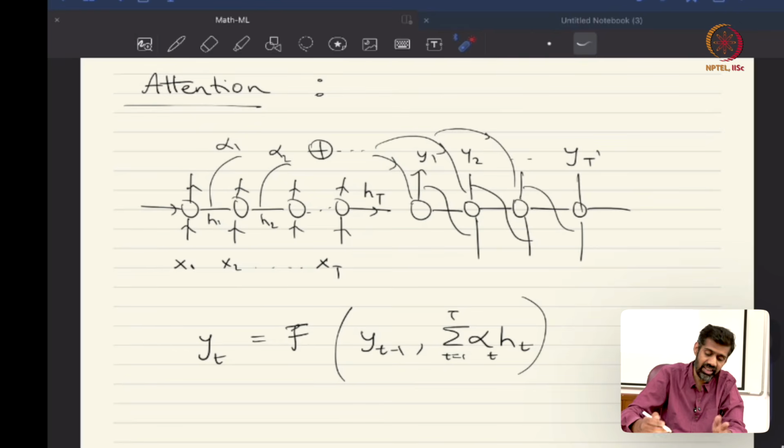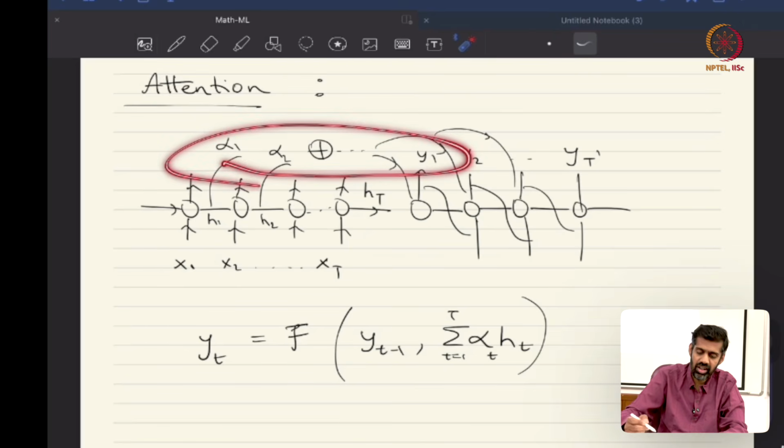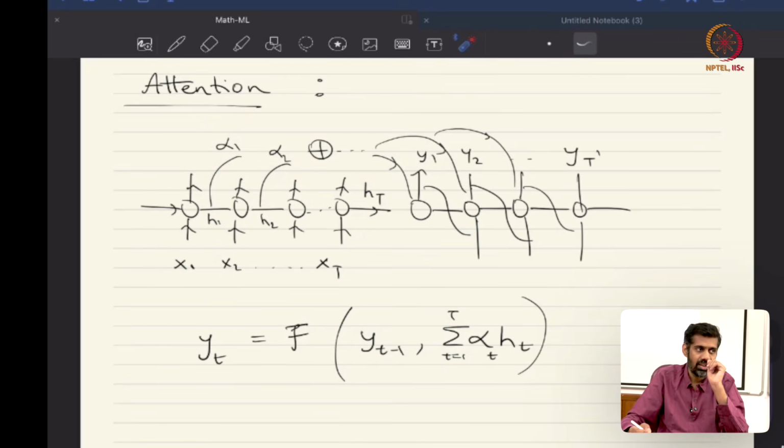And by the way, I gave a nomenclature also last time. This part is typically called the encoder and this part is called the decoder. So, this is the encoder-decoder architecture where you take all the input tokens and compress them into a particular hidden state and then decode it, so to speak. Now, this is what is called the attention mechanism, where you attend to all the input hidden states.